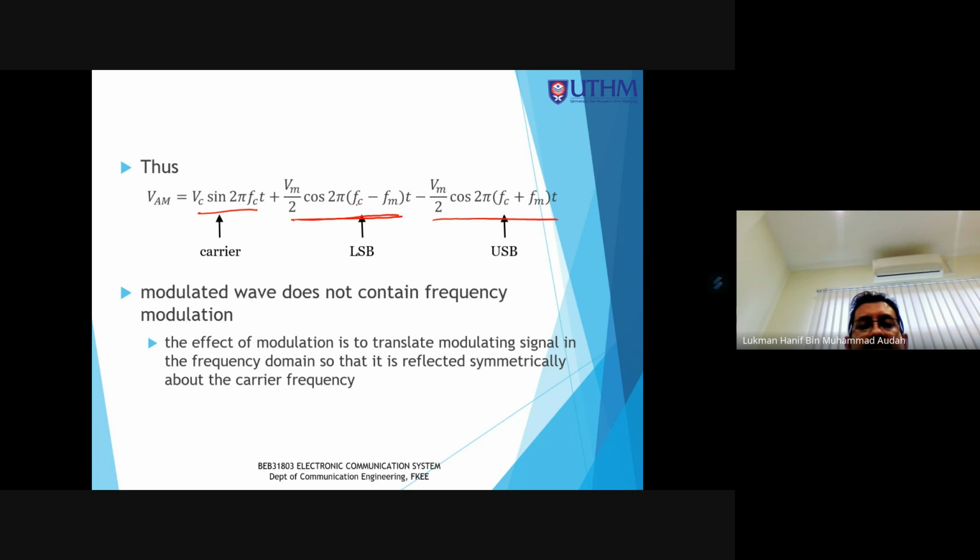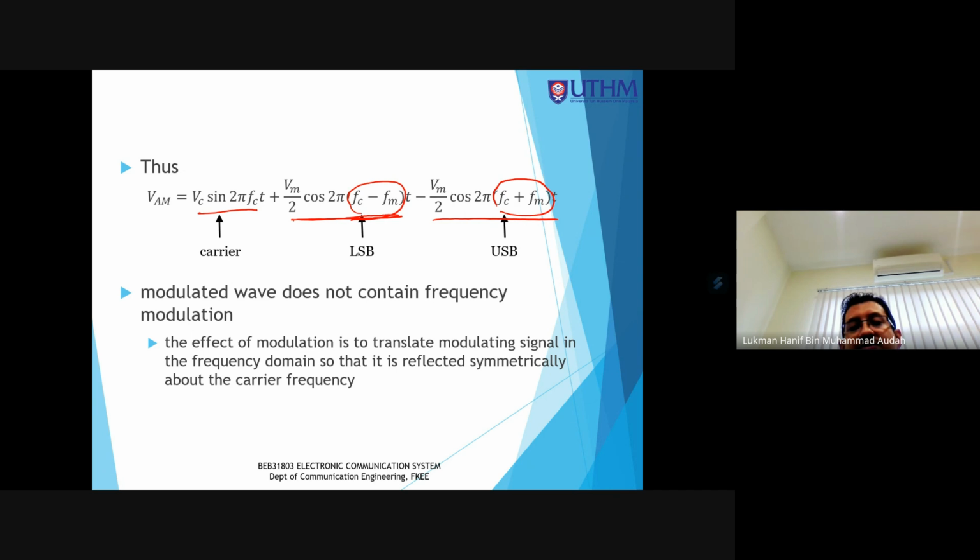You see that fc minus fm is located at the lower frequency, whereas fc plus fm is the upper frequency, the higher frequency.